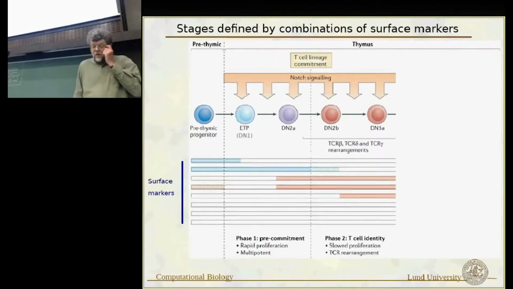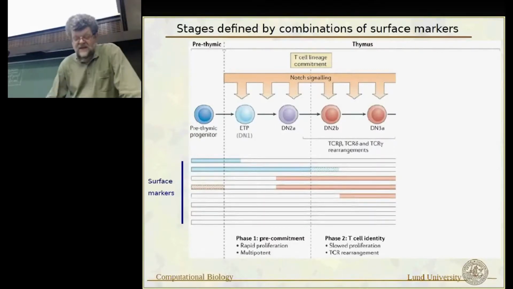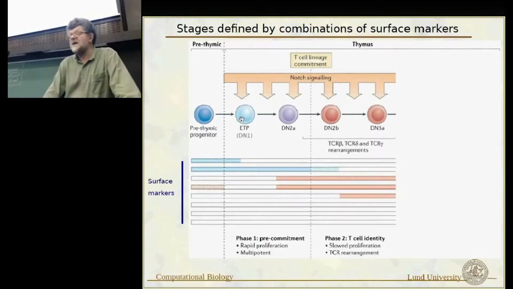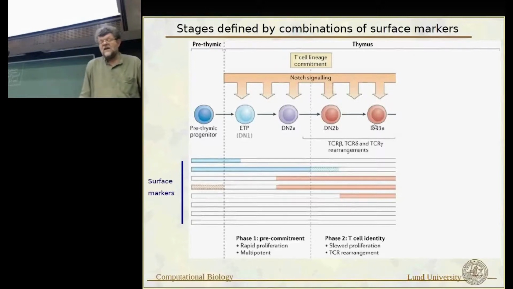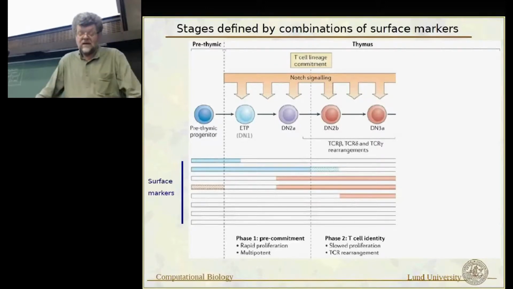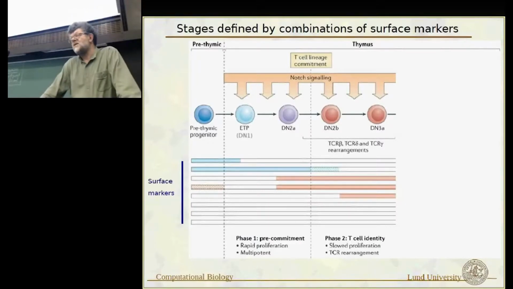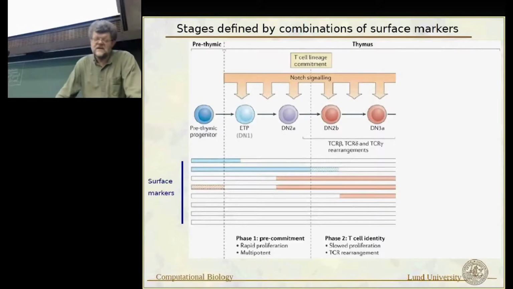Okay, when it comes to this process, so here comes things in from the bone marrow. Here are the early stages. Sometimes they're called ETP, sometimes DN1. They go over to DN2A, DN2B, DN3A, and so on and so forth. Historically defined as those. And these stages are defined by surface markers. So this is just surface markers.